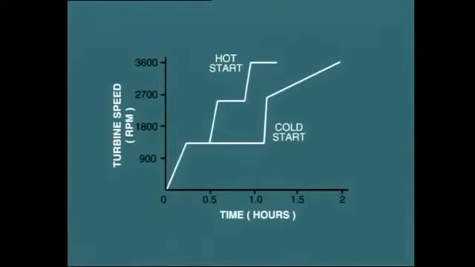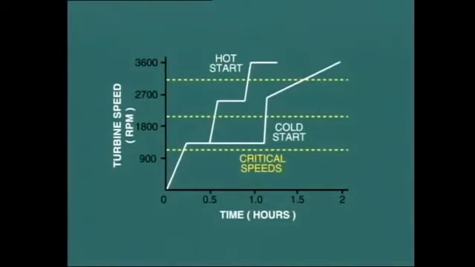The specific speeds will be indicated by the manufacturer. And in fact, the run-up curve provided will make sure that the rotor is not allowed to dwell at any one of those speeds. If you have an automatic startup on your machine, no doubt the run-up program will ensure that the unit passes through these speeds as rapidly as possible.